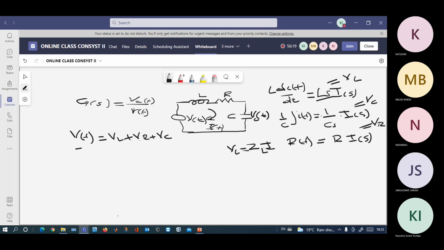Because when you apply Laplace, this one is in the time domain and there also time domain. So if we apply the Laplace, we're going to have VS equal to VL of S plus VR of S plus VC of S. There is S there, there is S there, and there is also S there.